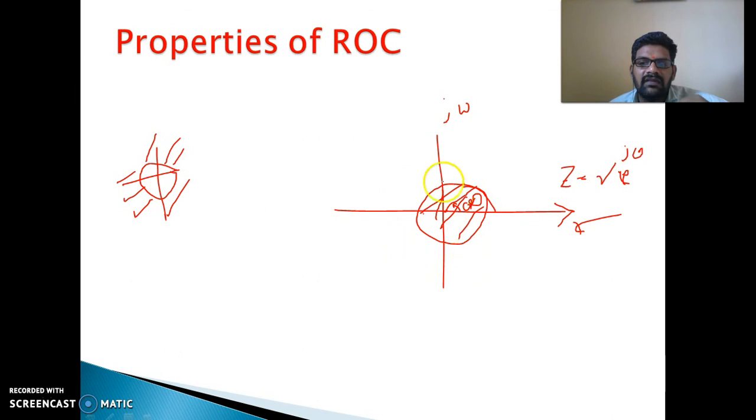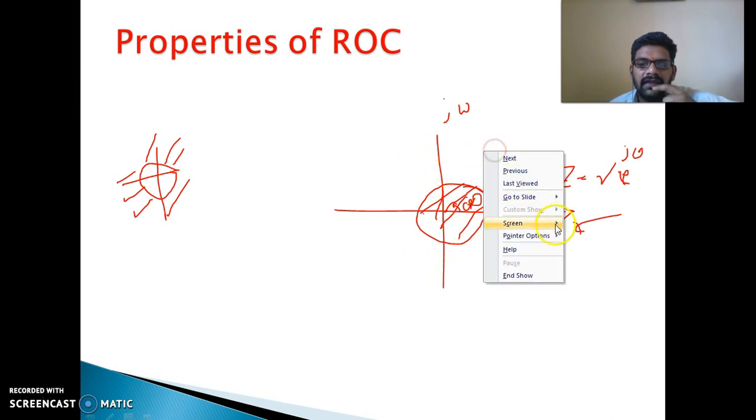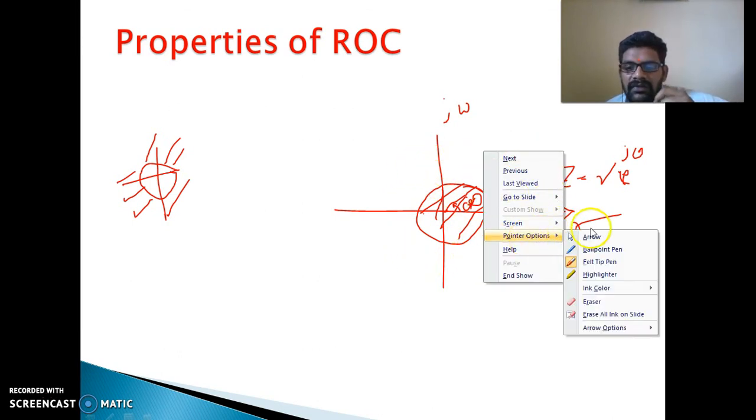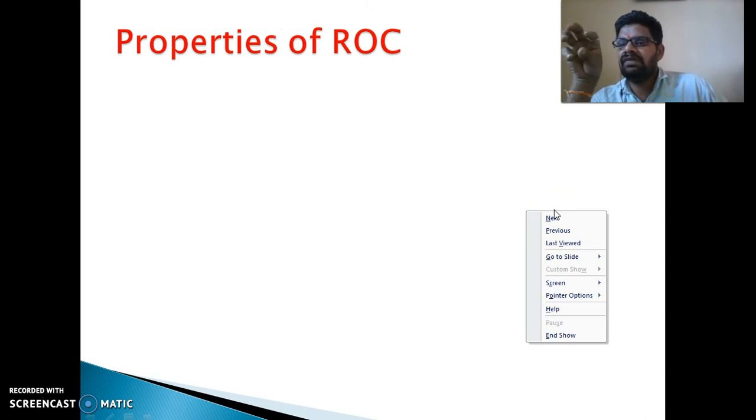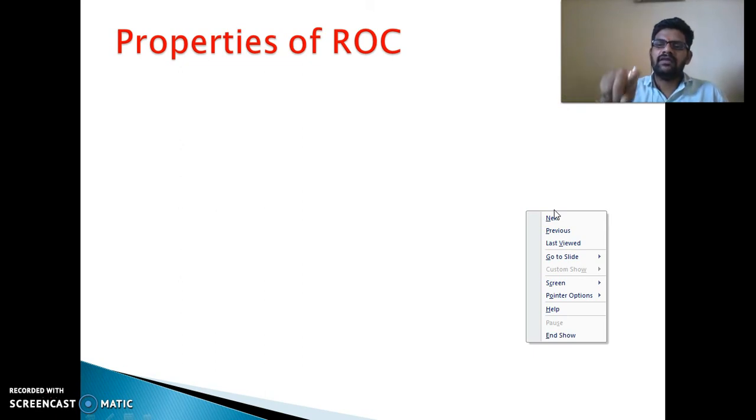So like that, the Z plane is plotted. In the Laplace transform, in the S plane, the ROC is parallel to the imaginary j omega axis, but in the Z plane they form closed circles with a radius of r.